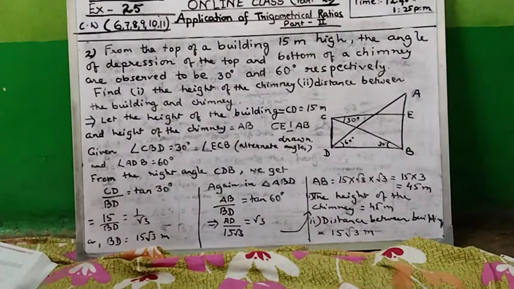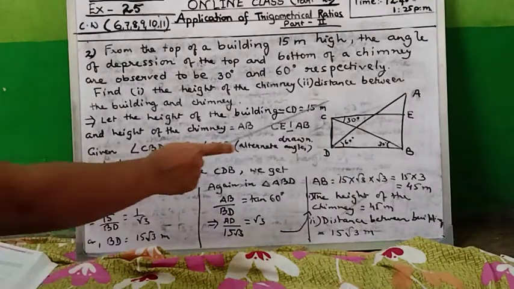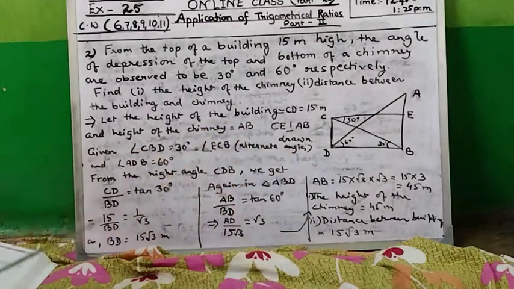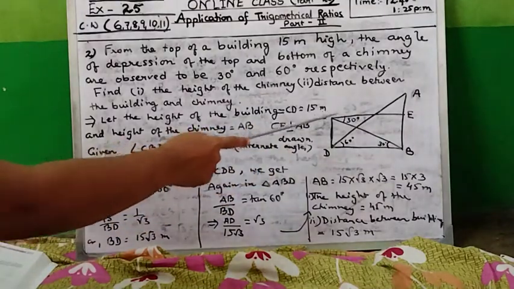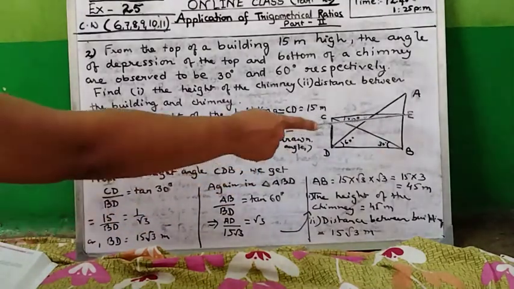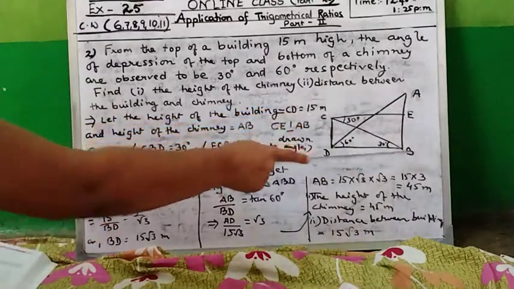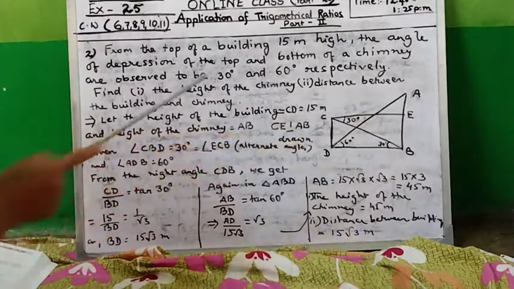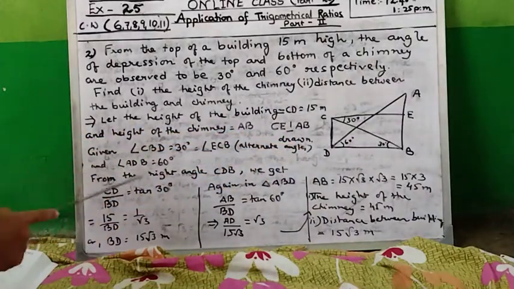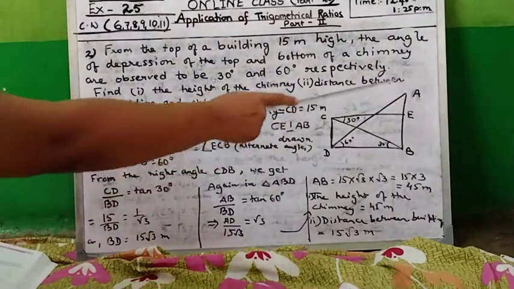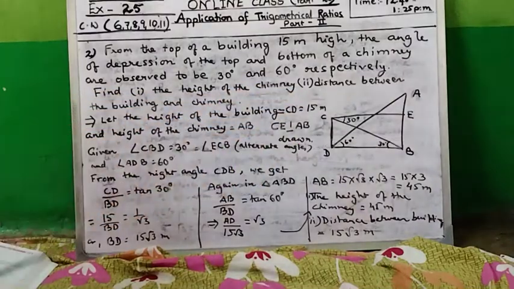Given angle CBD is equal to 30 degree, which is also creating an alternate angle, that is ECB. Look, this is an alternate angle. It is forming a Z. So it is an alternate angle with ECB. And angle ADB is equal to 60 degree.